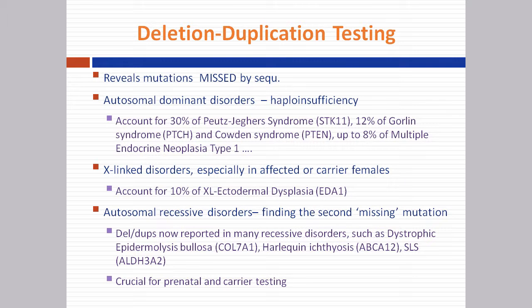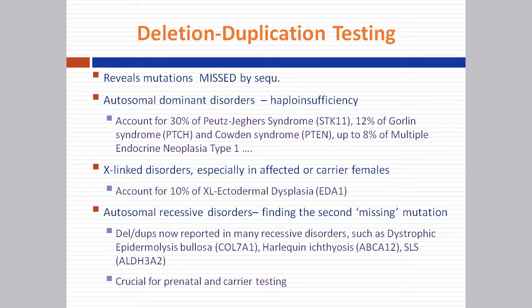So this technology allows you to reveal mutations you definitely would miss by regular sequencing. It's very important for dominant disorders that are caused by haploinsufficiency, as many of the cancer genes, and I listed some examples here. But it's also important for X-linked disorders. For example, in ectodermal dysplasia, we found that 10% of patients have deletions.